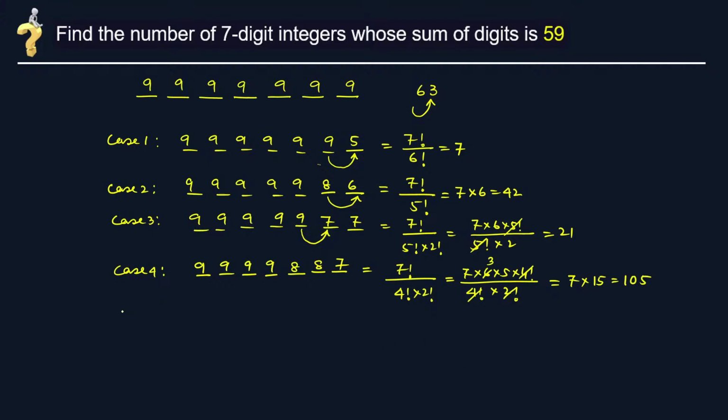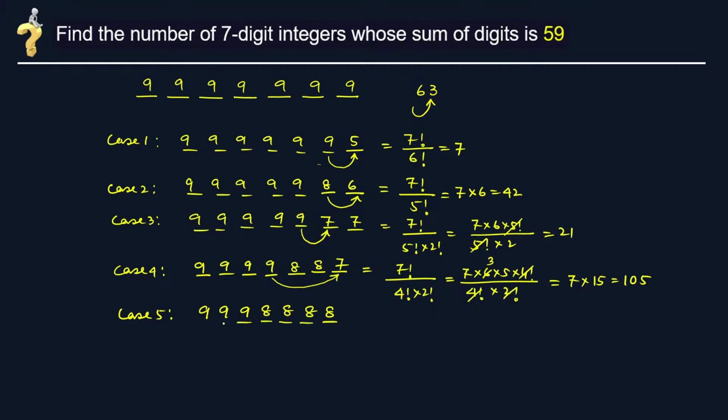Now, any more cases? Yes. One more case can be obtained. That is, if these places are three 9s, and we take out 1 from this 9 and give it here. So this one will become 8. This is again 8, 8, and the last digit will be 8.